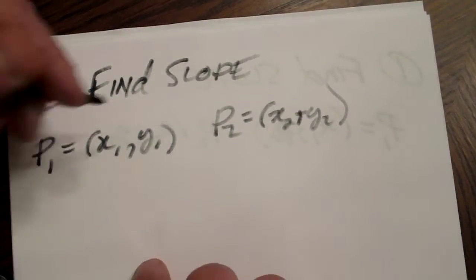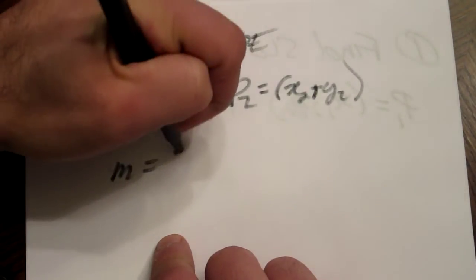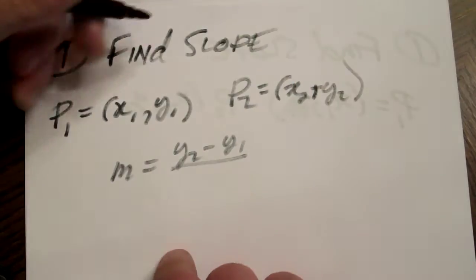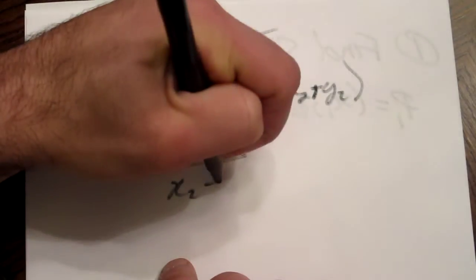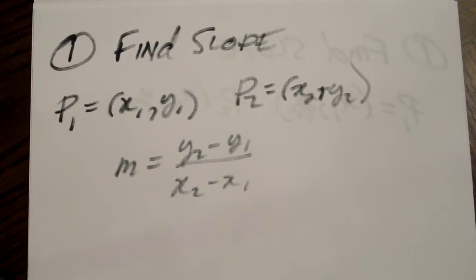And then the slope, we'll call it m. It's just given by y sub 2 minus y sub 1 over x sub 2 minus x sub 1. So that's the first step. Pretty straightforward.